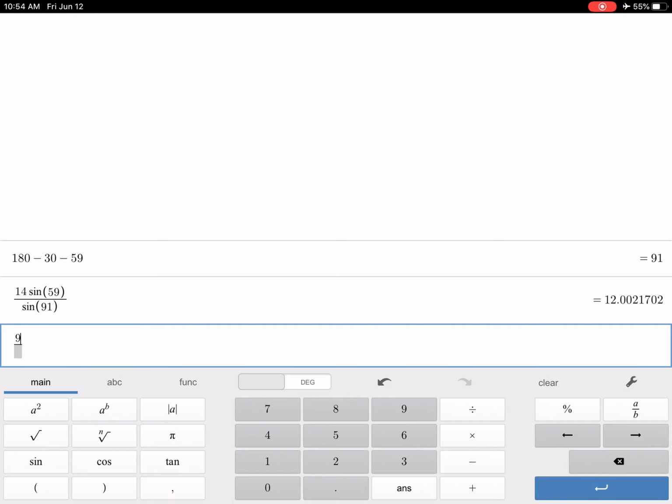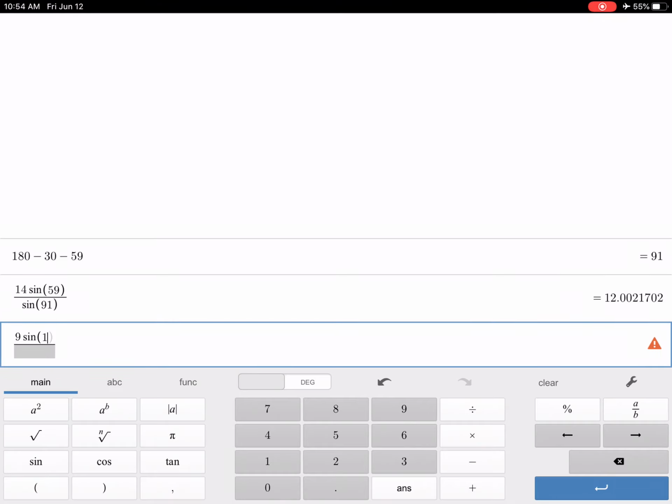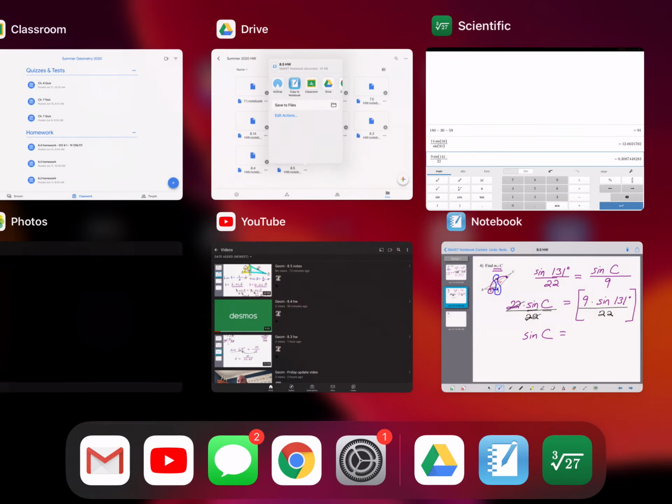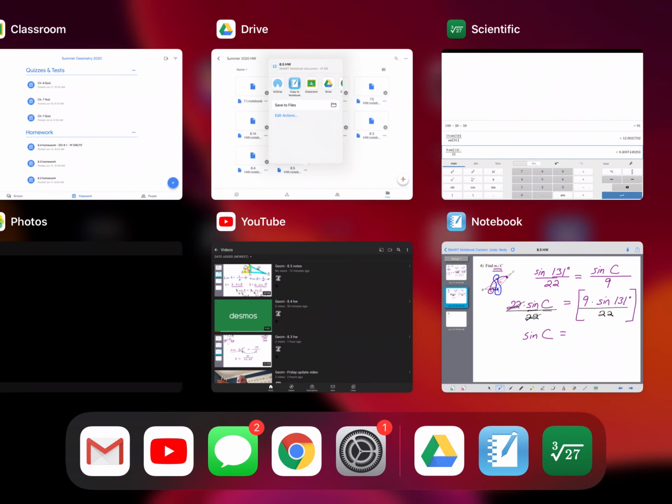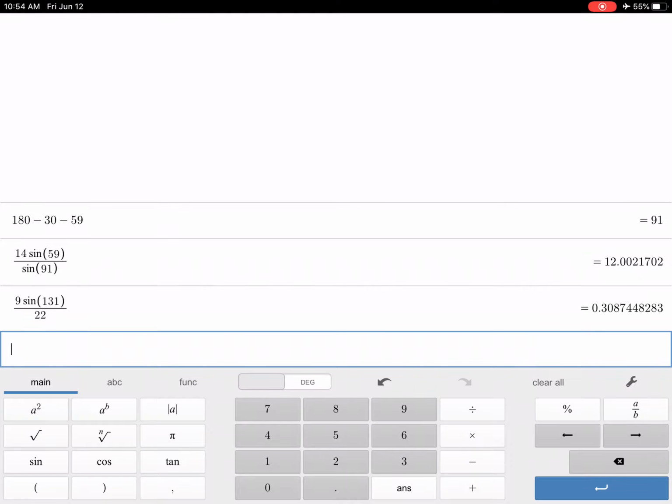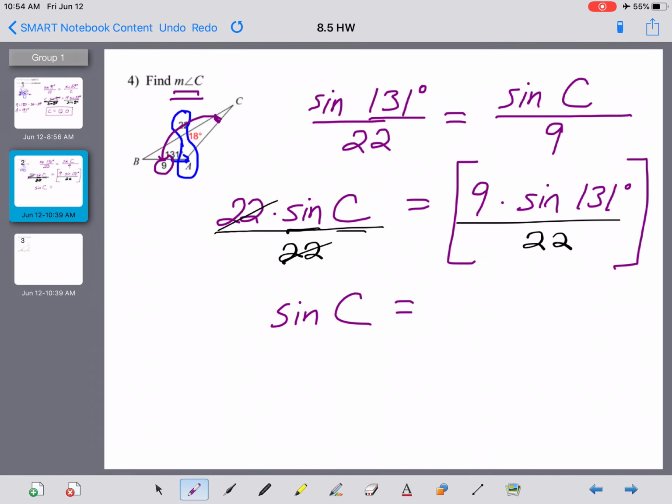So let's see what that looks like. 9 sine of 131 degrees divided by, was it 22? Yep, that's it. It's going to get us this weird decimal of, I'm going to write 0.309. Leave some space here.